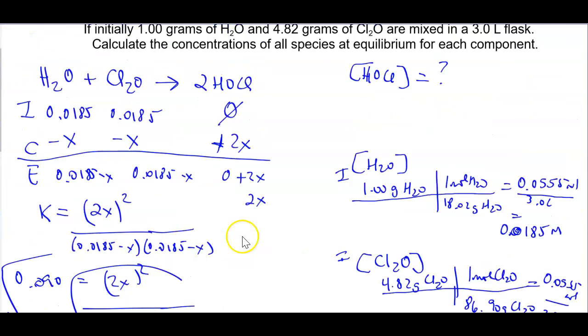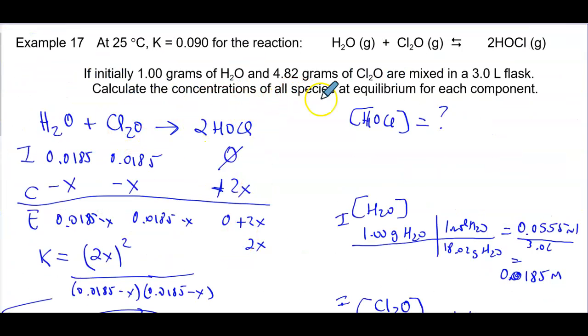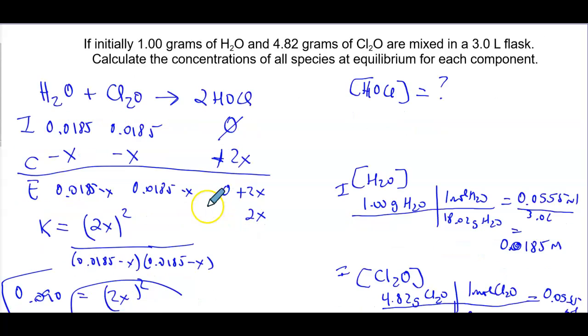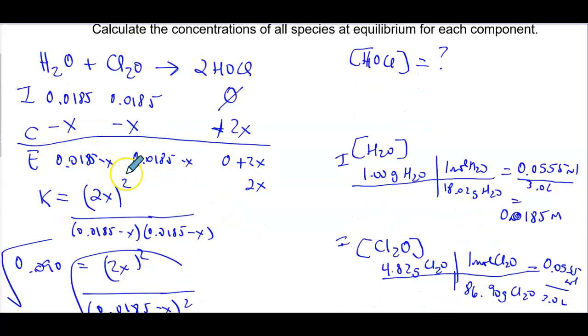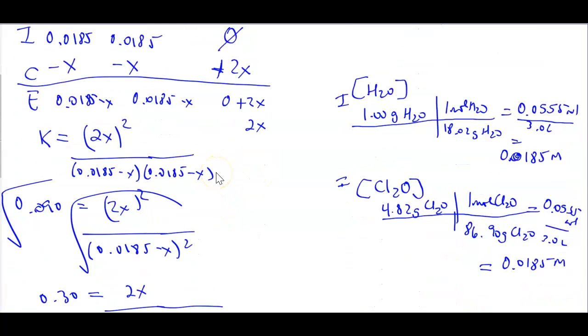Let's go back up and look at what the problem asks for. It said the concentrations of all species at equilibrium for each component. So now I can do this math up here. I'm going to give myself some space up here and change colors so you can see that.